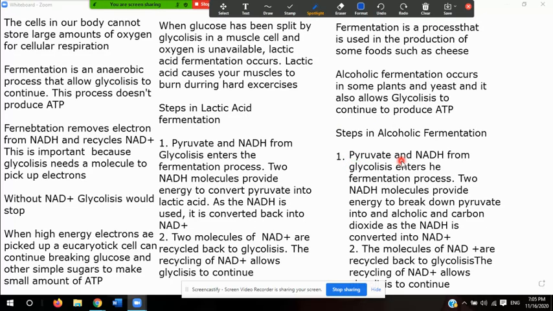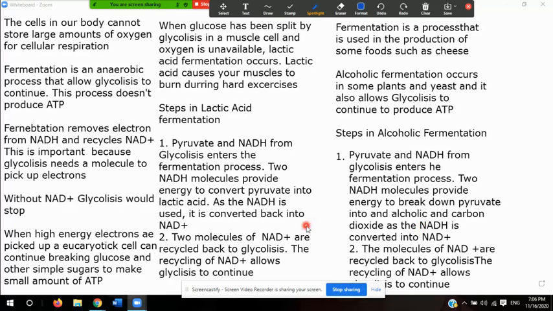So pyruvate and NADH from glycolysis enters the fermentation process. And the first step, notice that it's pretty much the same as in the first step of lactic acid fermentation. So it says that 2 NADH molecules provide energy to break down pyruvate into alcohol and carbon dioxide.